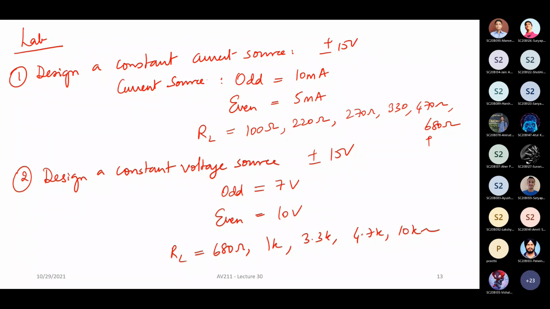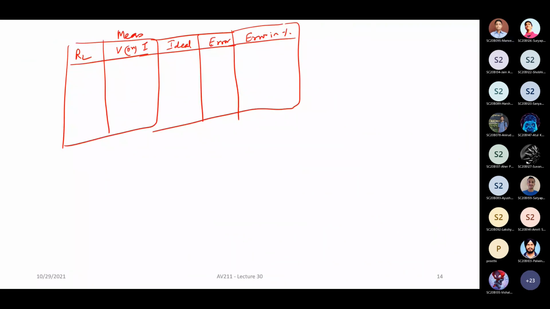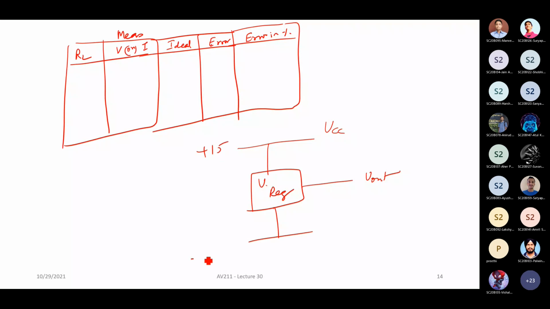Sir, what is the advantage with Zener diode? So what happens is, this is what is called a voltage regulator, right? For a voltage regulator, you have some external supply from which you are giving a certain regulated output supply. Let us say, for example, you have plus minus 15 volt coming in, and you need to give plus 10 volt or plus 7 volt or something.